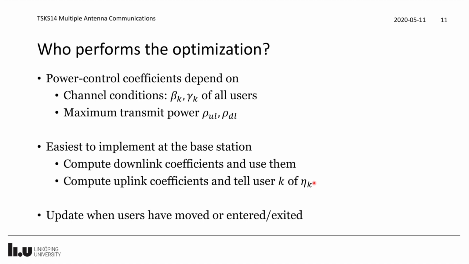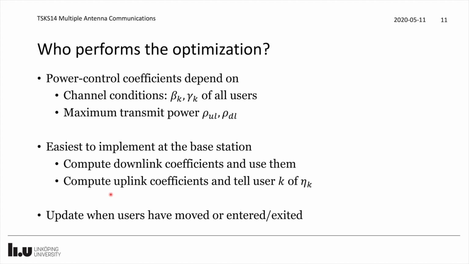So we are actually able to communicate close to the capacity. And when the users are moving around so that their beta parameters are changing, well, then we need to change the power control. If a user is entering the system, so we have one more user, or if an existing user is exiting the system, so we have one less user, well, in those cases we need to recompute these eta parameters again, and then we apply the same principle once again.